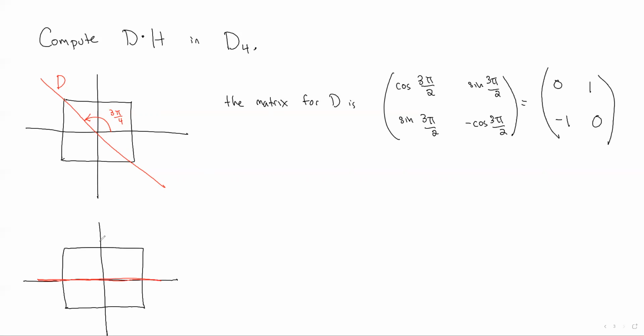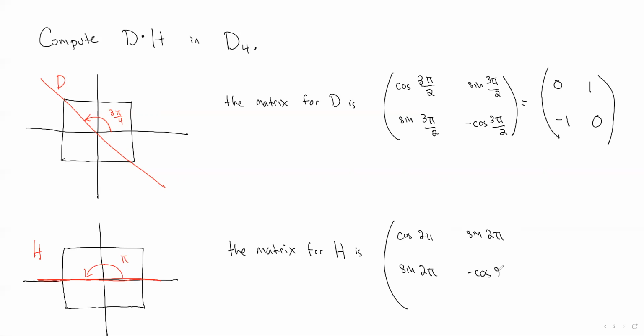What I mean by directly is you don't even need to think about cosines and sines to actually find the matrix, but I'll just stick to the general method. So this angle is pi. So the matrix for H is cos 2 pi, sine 2 pi, sine 2 pi, negative cos 2 pi. And if you plug everything in, you'll get 1, 0, 0, -1.